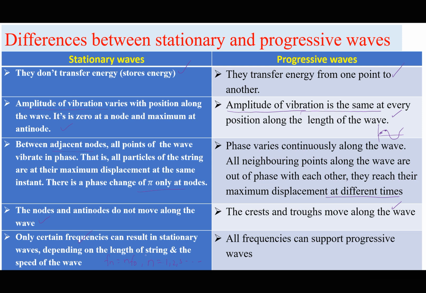It means 21, 22, 23, 24 have been skipped. So only certain frequencies can result in stationary waves depending on the length of the string and the speed of the wave. All frequencies can support progressive waves. That is the difference between stationary waves and progressive waves. All frequencies can support progressive waves, yet for stationary waves, only certain frequencies can form stationary waves.